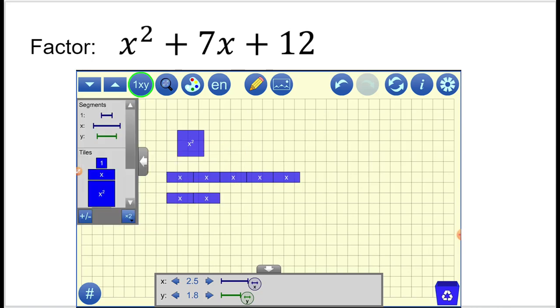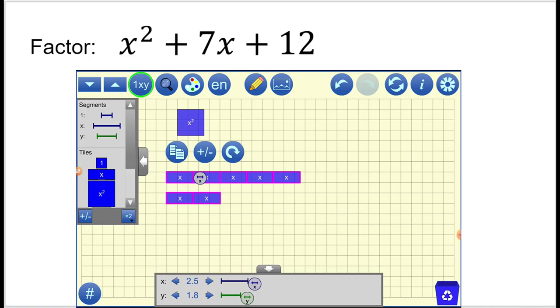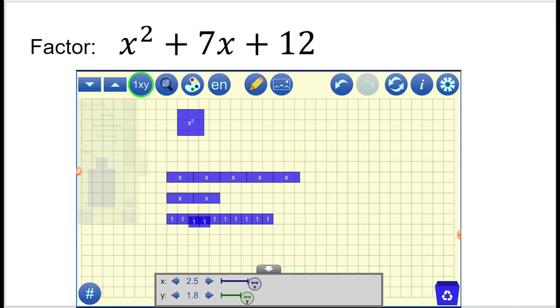So now we can see our problem is 1 x squared, and then we needed 7 x's. There's my 7 x's, and I need 12 unit tiles. The unit tiles are just a small square. Beautiful. This app makes my life a lot easier. So there's 10 tiles at one time, and 2 more.